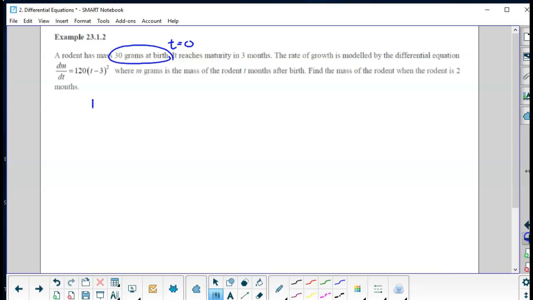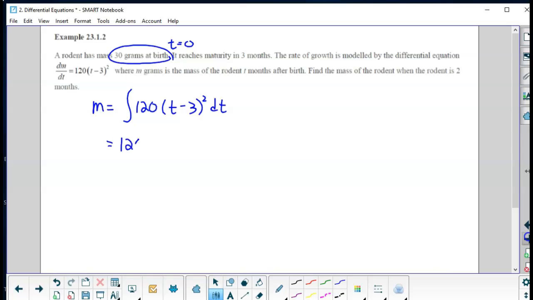In any case, to get the mass, we're going to take the integral of 120. I'm a little crazy on my integrals. So m equals the integral of 120 (t minus 3) squared dt.